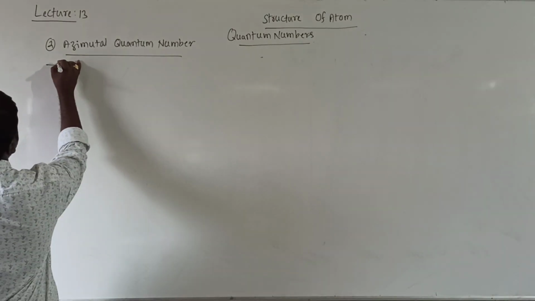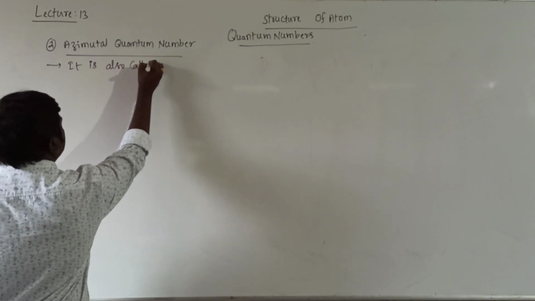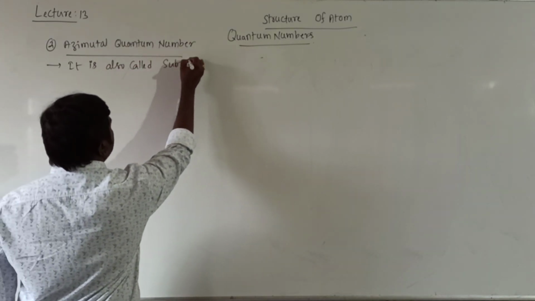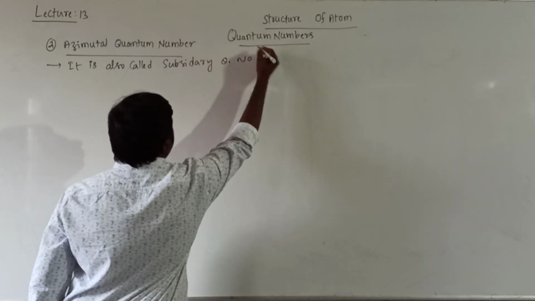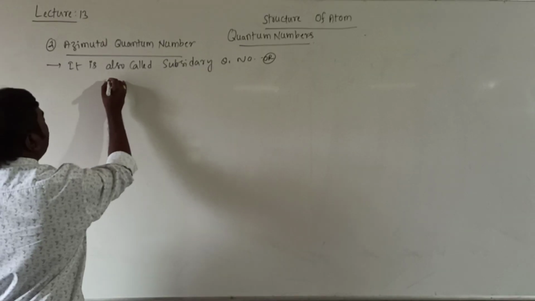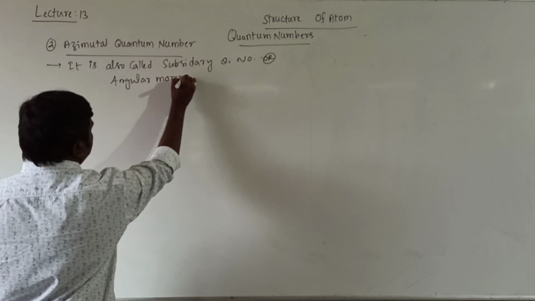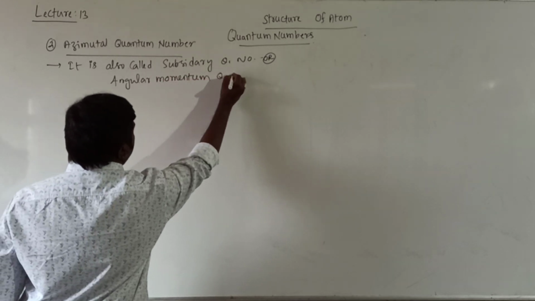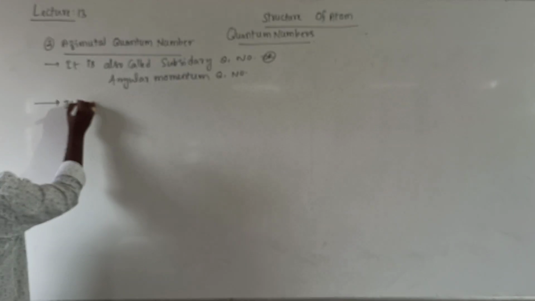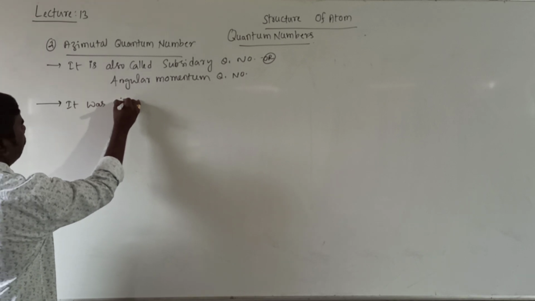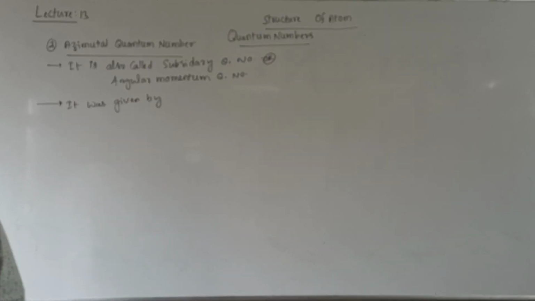It is also called the subsidiary quantum number or angular momentum quantum number. It was given by Sommerfeld.